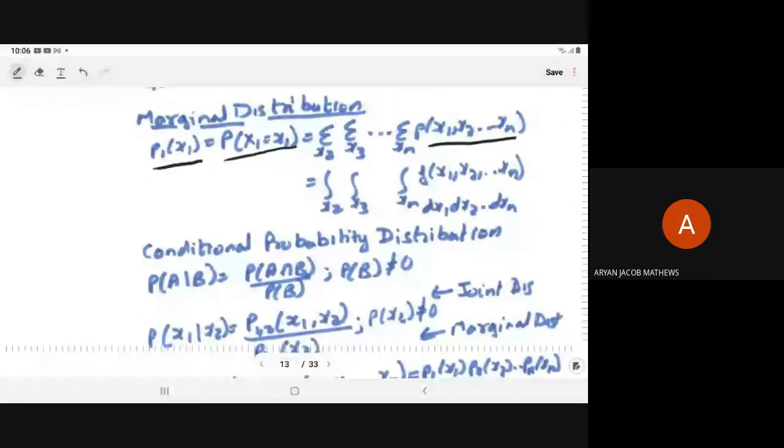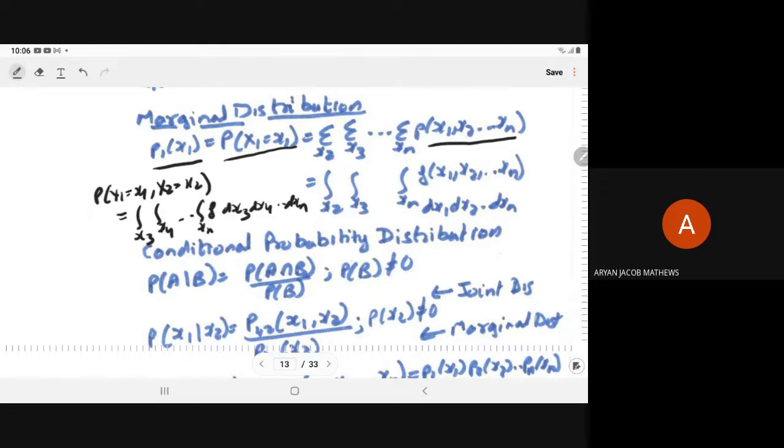If you have to compute only for two variables, x1 and x2, at that time you have to take the integration over x3, x4, ..., xn of f with respect to dx3, dx4, ..., dxn. This will give you the marginal distribution.